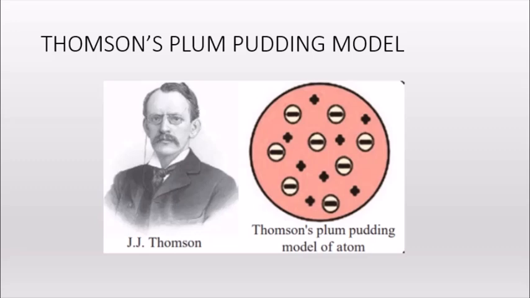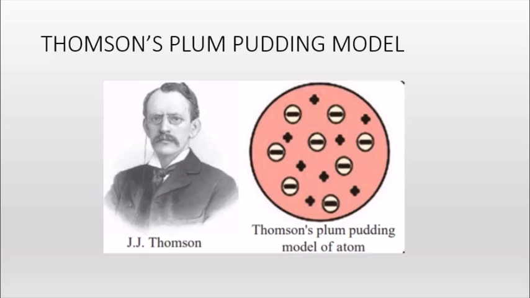This was put forth by Thomson and was called the plum pudding model. The distributed positive charge is balanced by the negative charge of the electrons. So both the charges are balanced and therefore the atoms become electrically neutral, he said.